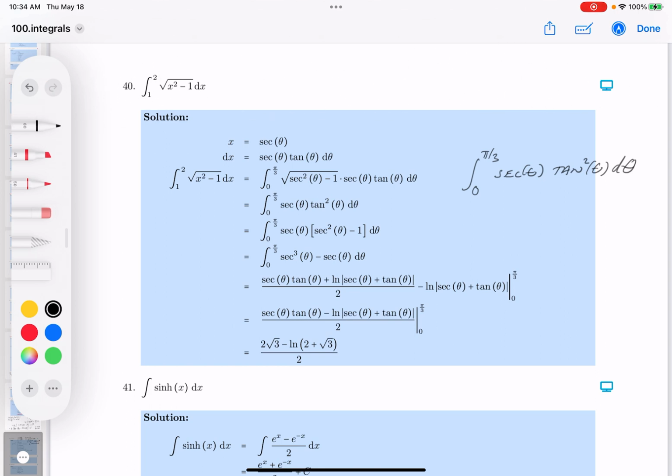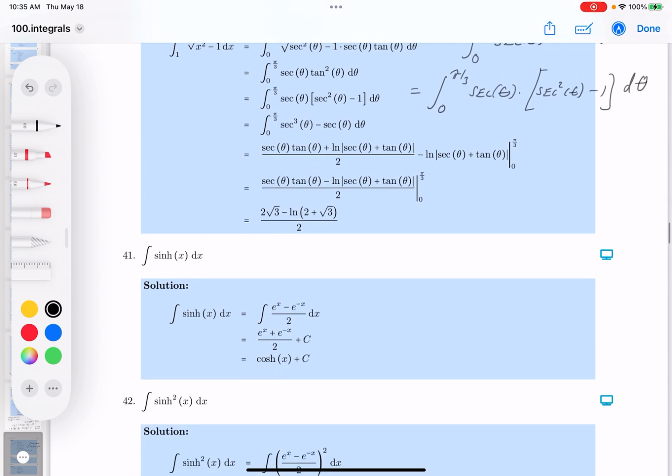But anyway, let's keep going. 0 to pi over 3, secant theta, and the tangent squared theta is going to be secant squared theta minus 1 d theta.